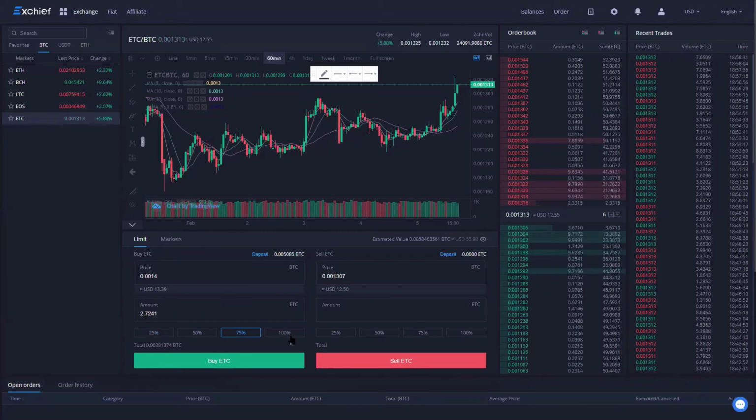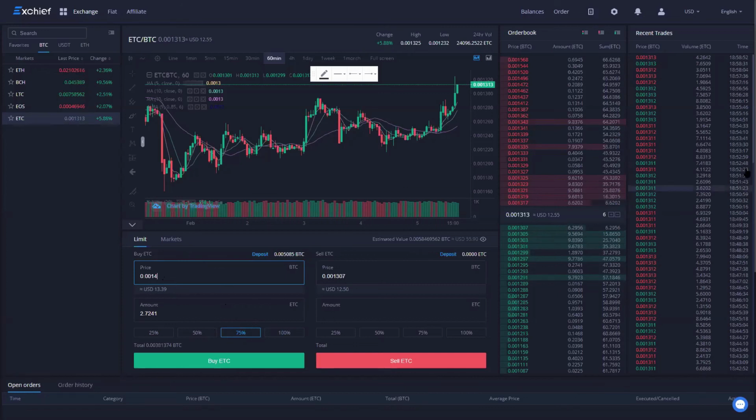And if it's everything you want to put out there, then you just click on 100%, and everything you have is calculated and put up here for you. Assuming I want to do just 75% of the amount I have, that is what I click. And remember, we already adjusted this price to depict the 0.0014 margin.